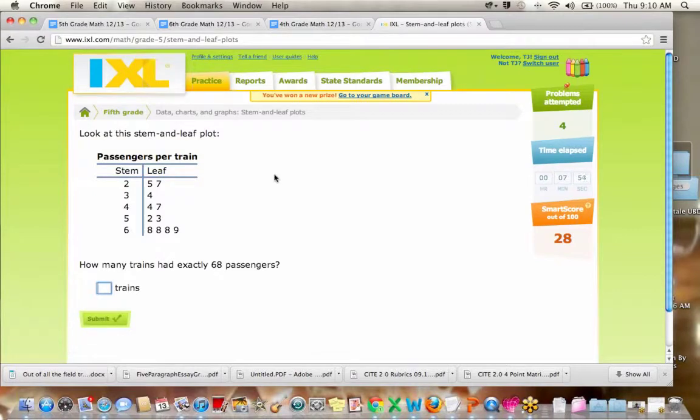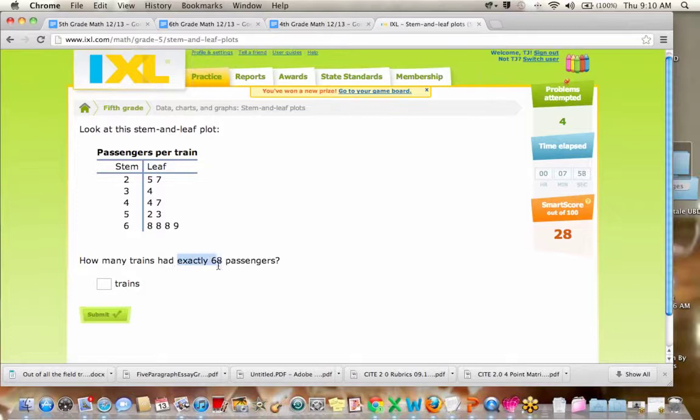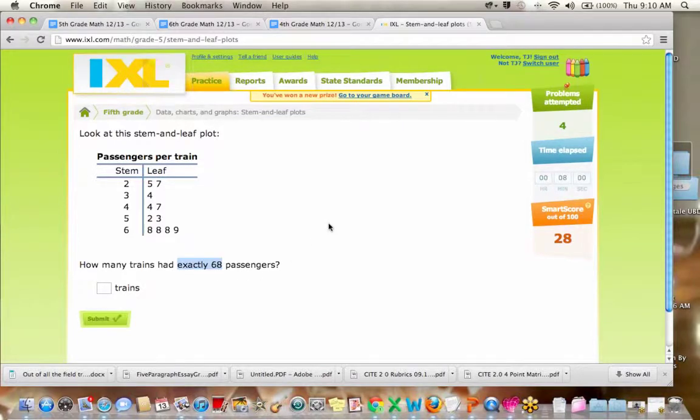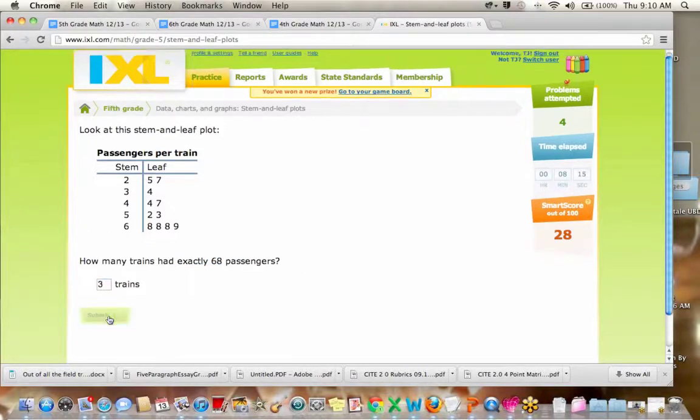How many trains had at least, or I'm sorry, not at least, had exactly 68 passengers? So there's 1 train with 68. There's 2 trains with 68, and then there's 3 trains with 68. Perfect. You guys are catching on.